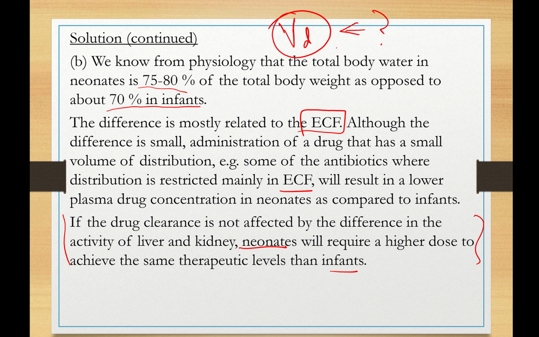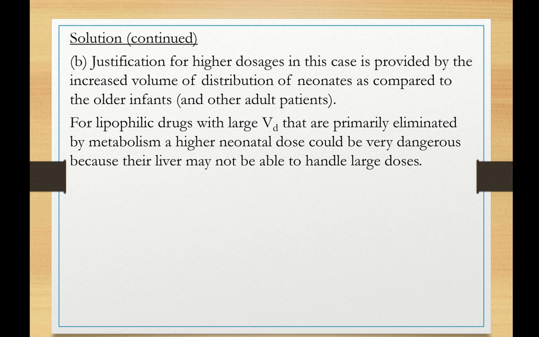Okay, and that is reflected in the volume of distribution. But the catch here is assuming that your drugs are mainly distributed into the extracellular fluid. So if the drug is hydrophobic, these formulas most probably would not be correct, would be very inaccurate and perhaps dangerous.